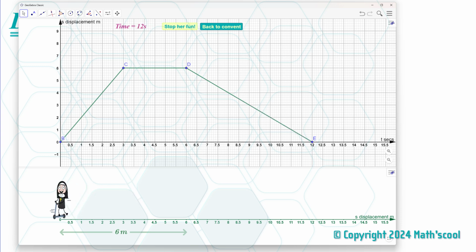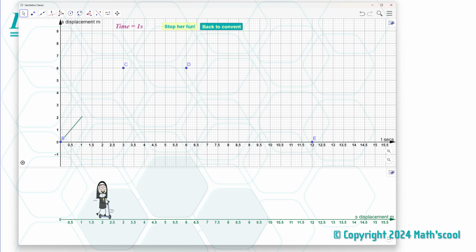Okay, so what you saw was she scooted for about 6 meters, and then she stopped, and then she turned and went back again. So let's try her again. Okay, she's running, she's stopping, and now when she's coming back, it's slower.